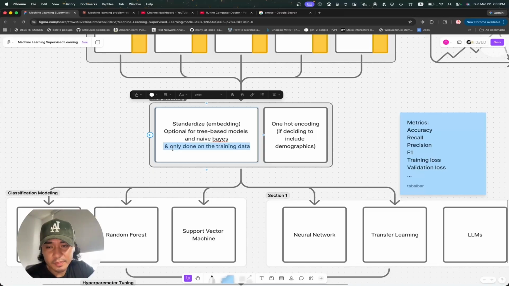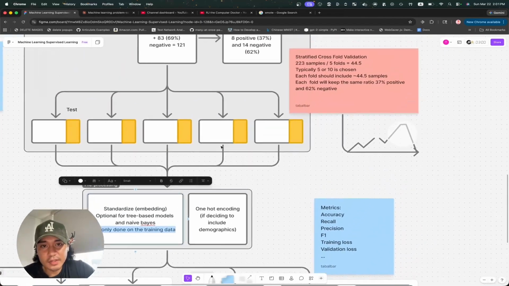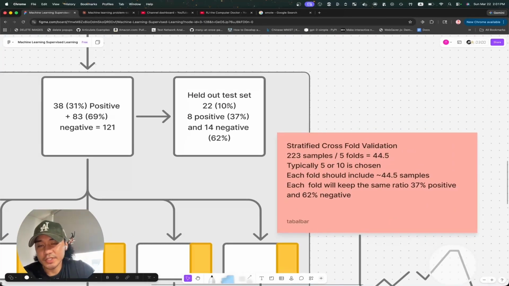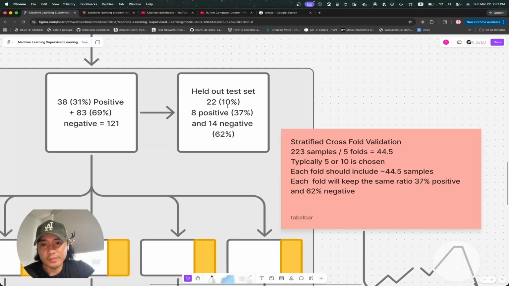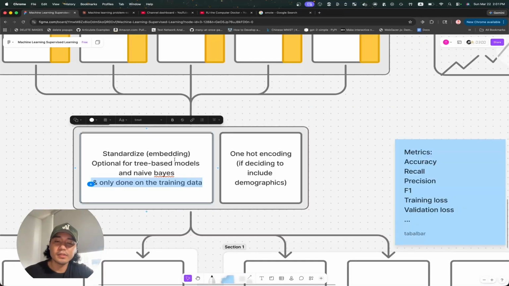And I kept a note here that this is only done on the training data. Standardization is done on the data set that you have. The reason I put this on training data is because if you were to include the test set, the held-out test set that I excluded from this training portion, which is supposed to be representative of data that the model hasn't looked at before, then you are only really standardizing the data towards the actual samples that you do have.